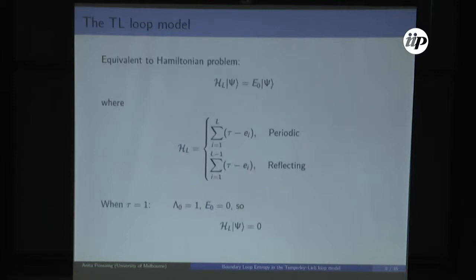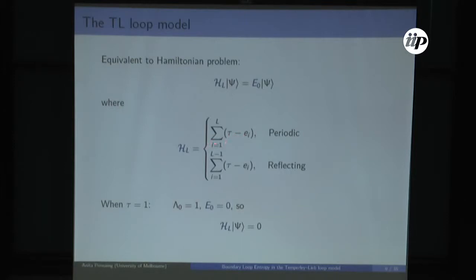Yeah, and for the case that we're looking at, it's actually enough to think of the Hamiltonian instead, which is related to the transfer matrix. It's the logarithmic derivative. I haven't given you enough details to tell you what it's the derivative with respect to, but anyway, you can show that the Hamiltonian is just equal to this sum.